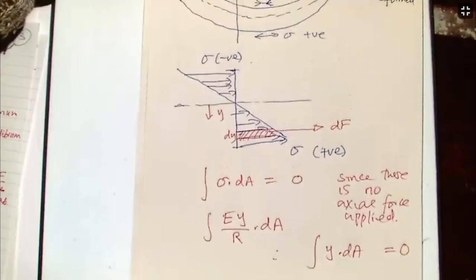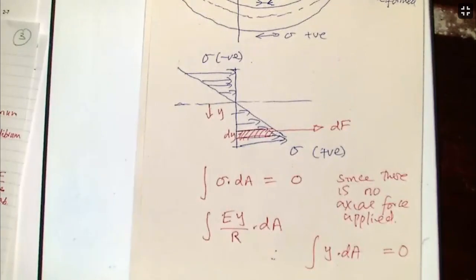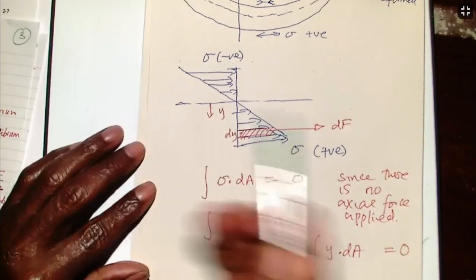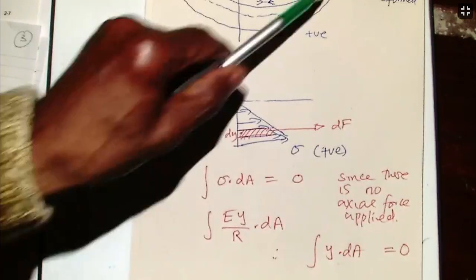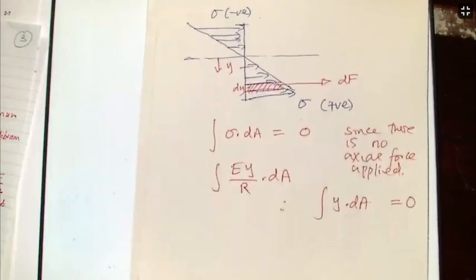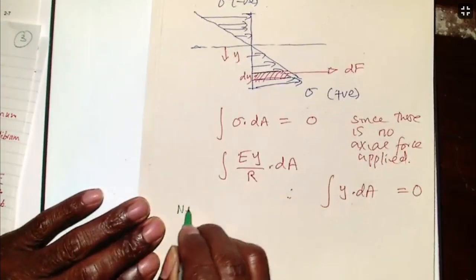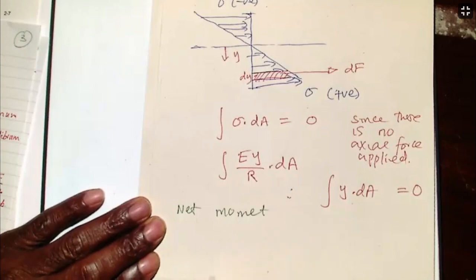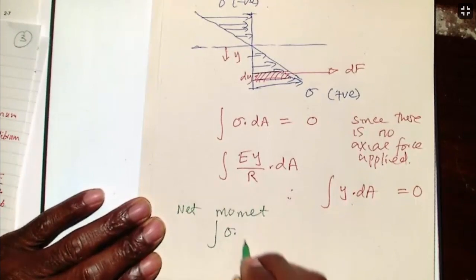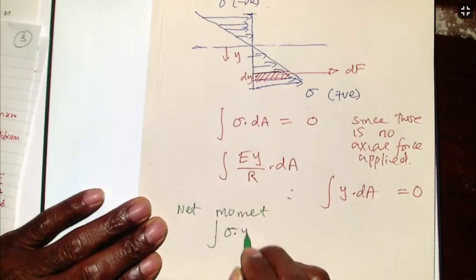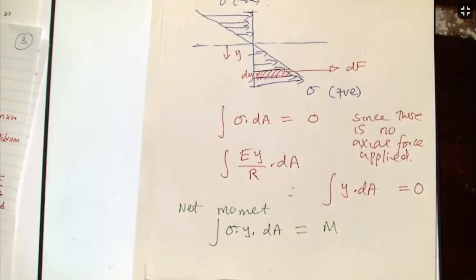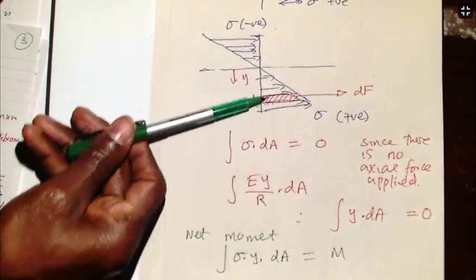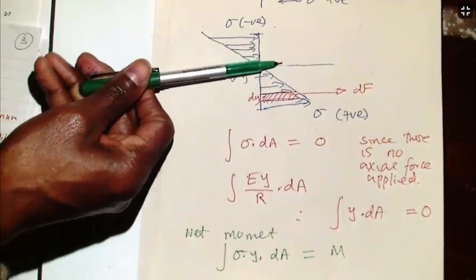But the load we are applying is the bending moment. We can do the same thing and take moment about the neutral axis of that small force. If we sum it all up, we must get the moment that we have at the end there. So the net moment, the integral of sigma times Y dA, must be equal to M. We integrate from the base up to the top the moment of the force about the neutral axis.